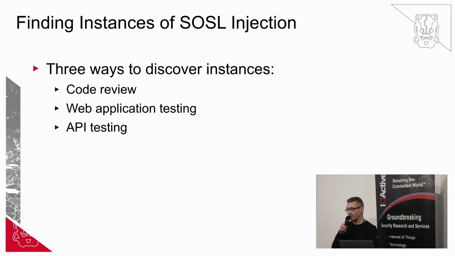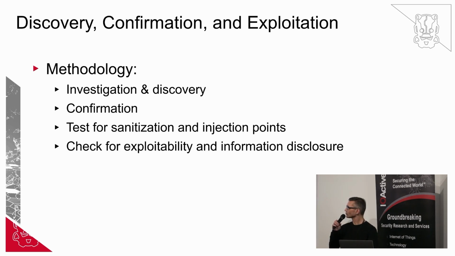I'm going to talk about the code review situation, the web application testing situation, and API testing. And like any hacking or pen testing situation, it would be done in the standard high-level methodology of enumerating, footprinting what you're looking at, verifying what you've found, and then checking for exploitability.